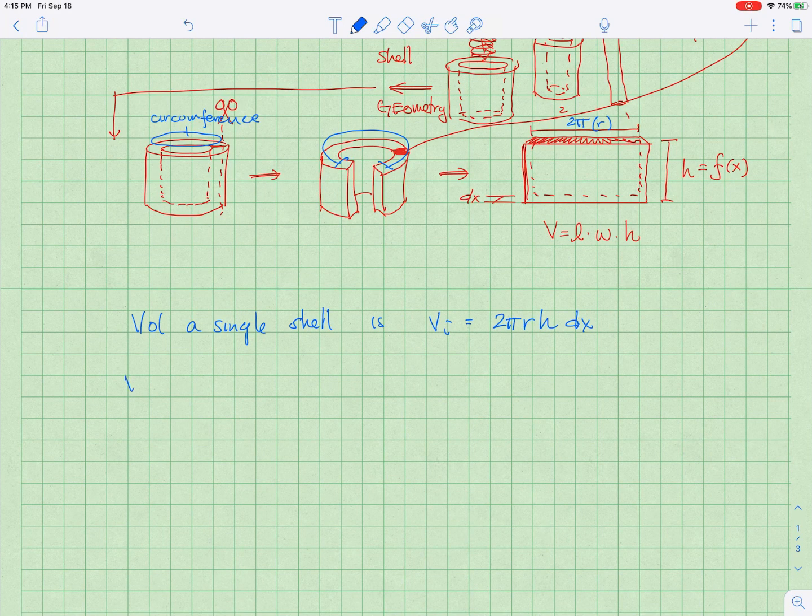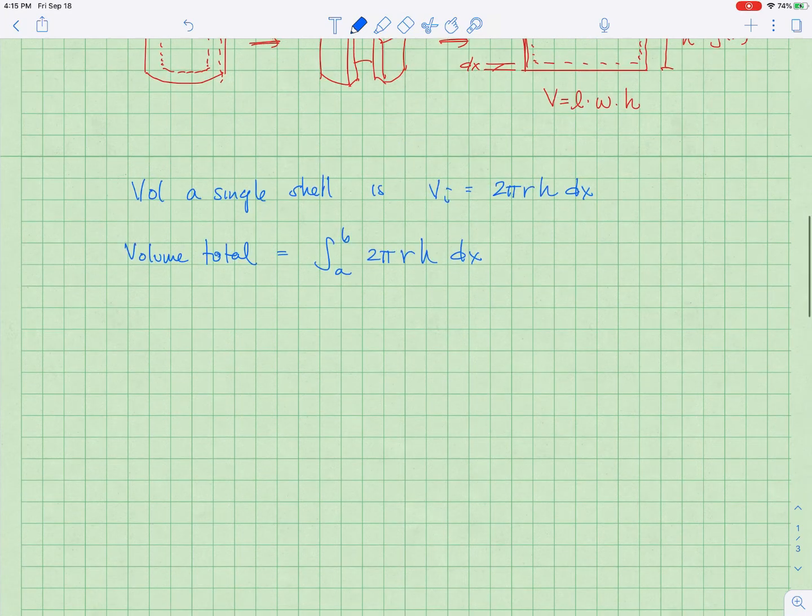And the volume total is going to be the sum of all the shells from a to b, which is the integral of 2 pi r h dx, or alternately, from c to d, 2 pi r h dy.